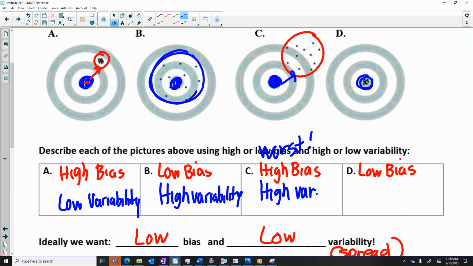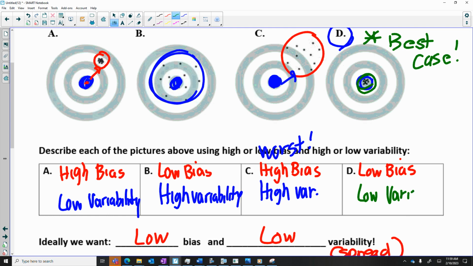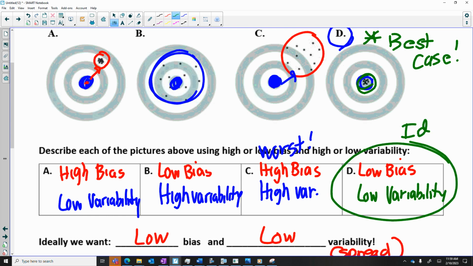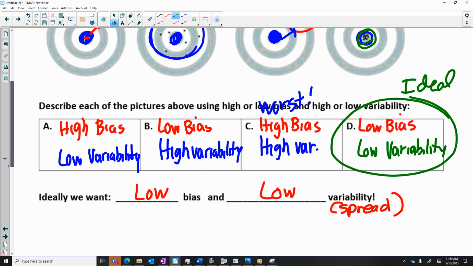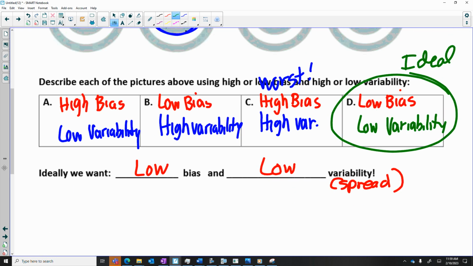And the best one that we want is D. This one is the best case. It is centered at the true center, so it's low bias, and it's all clustered together, so that's low variability. This is our ideal scenario. Low bias, low variability. So picture that bullseye centered at the true center and not really spaced out.